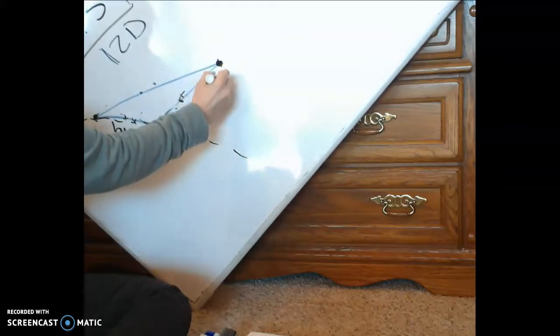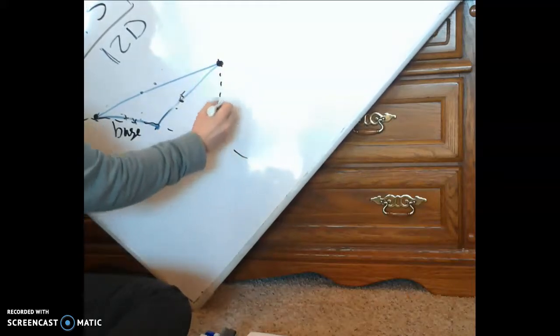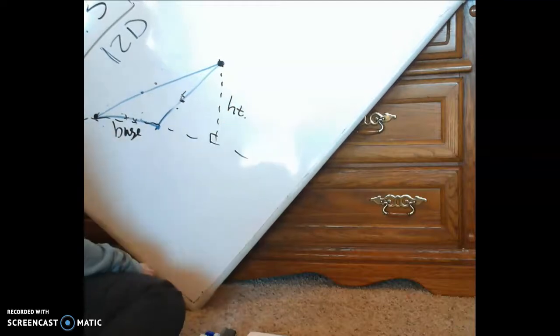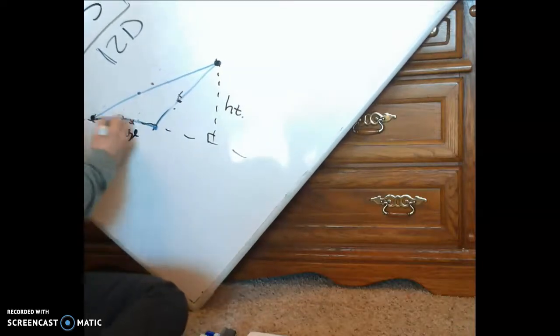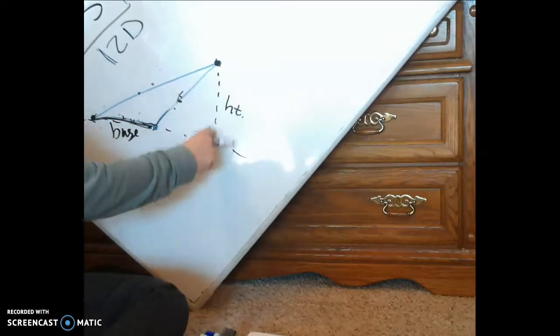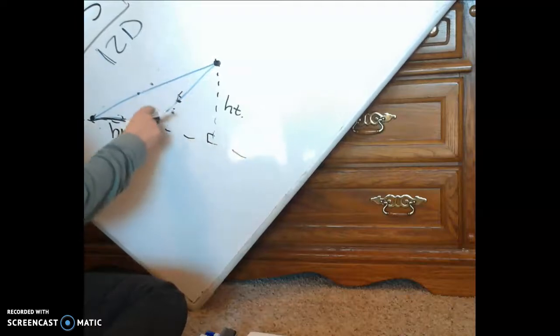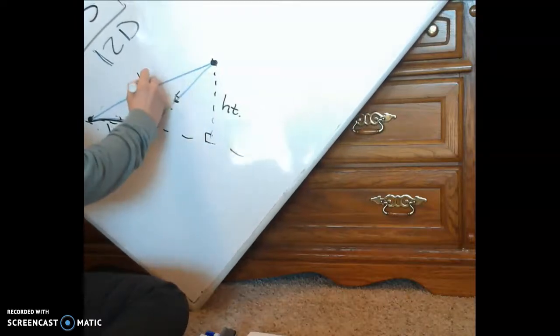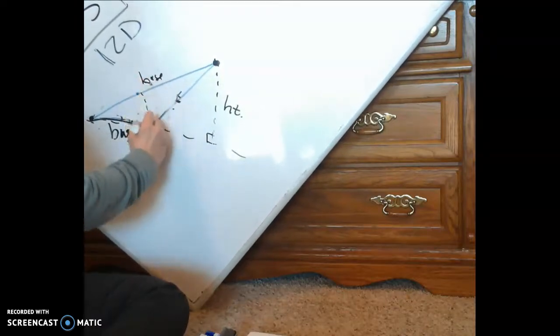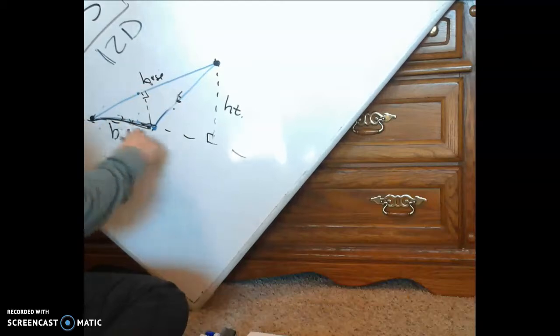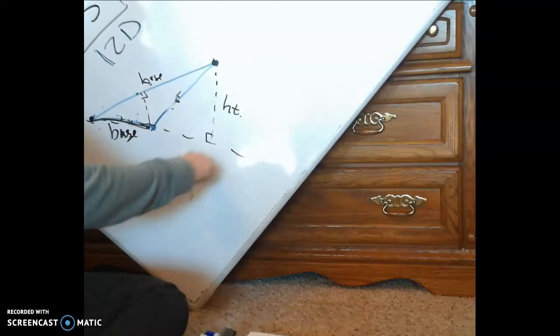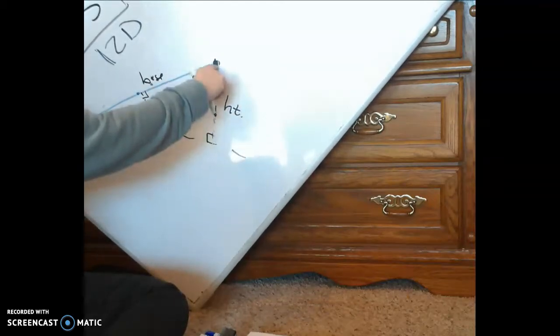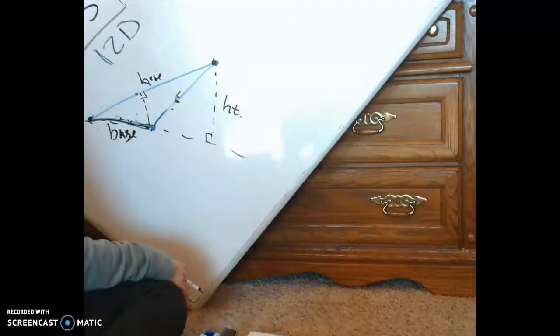So again, this would be my height, okay? So the base and the height always have to hit at a right angle, whether it's inside, which would only happen if this is your base. Otherwise, you have to extend out your base with a dashed line and figure out where that tallest point touches at a right angle.